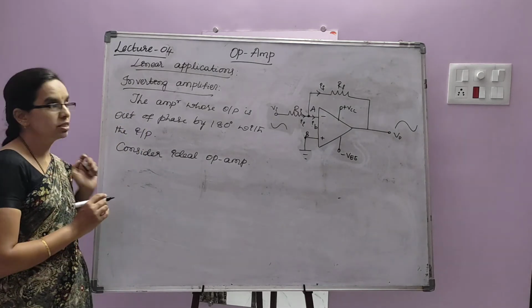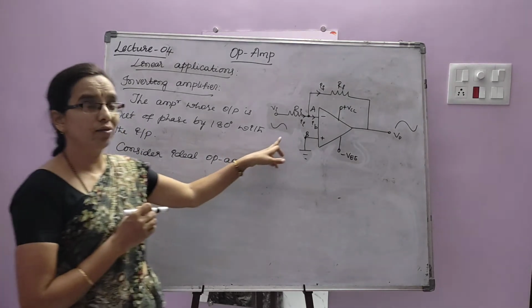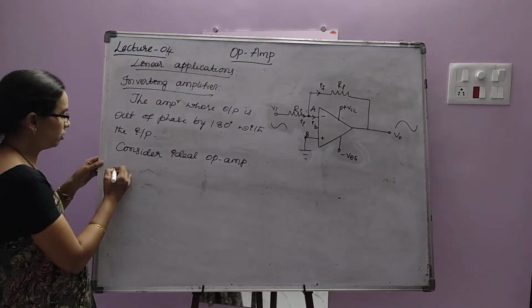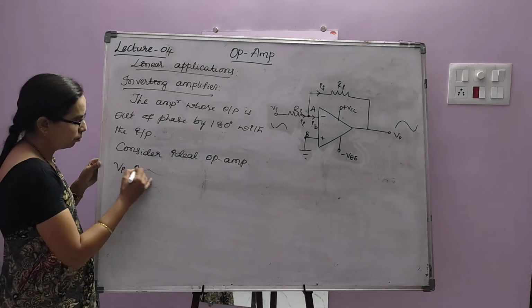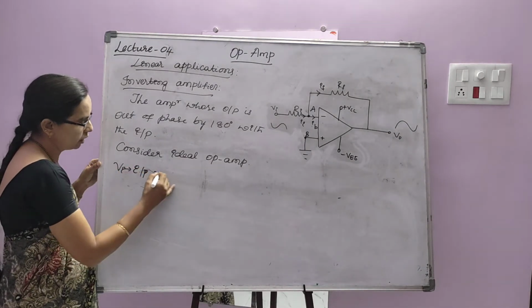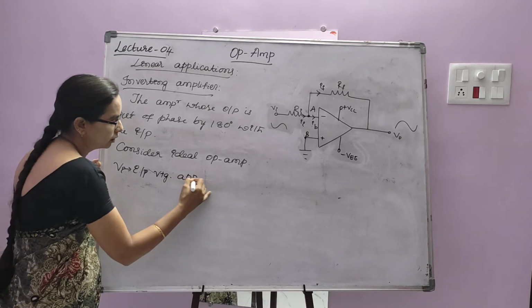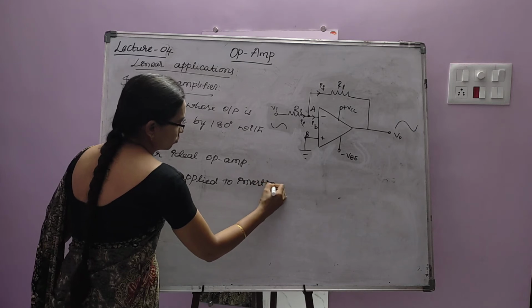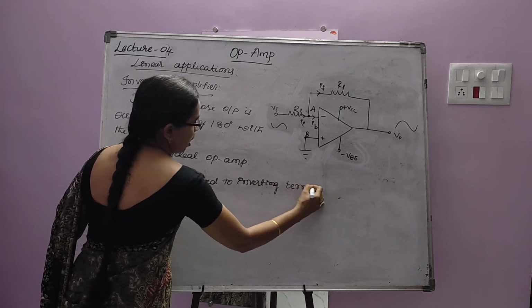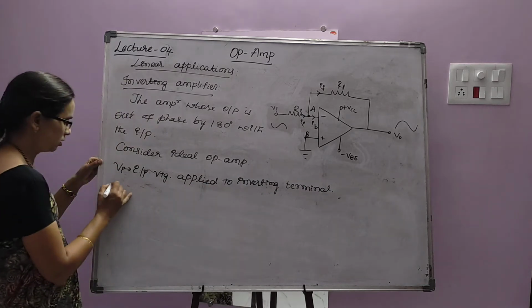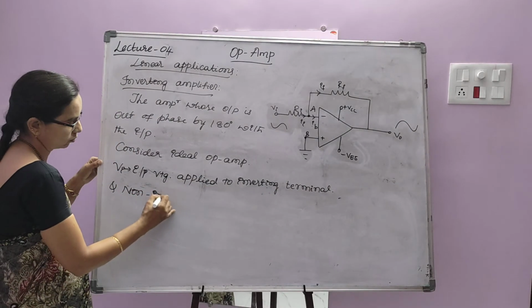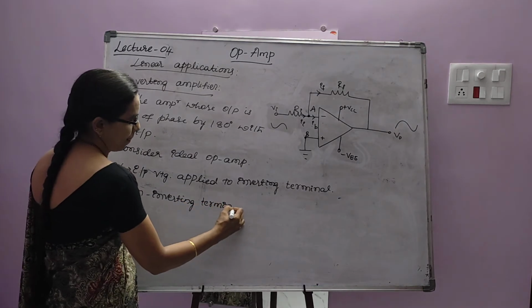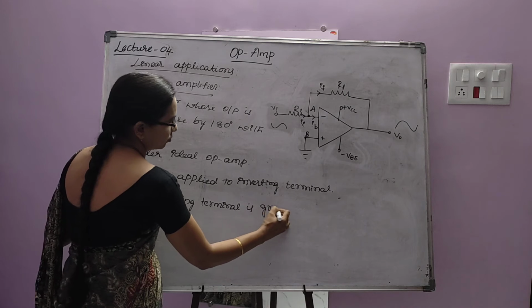You have to explain the circuit in the same way: Vi is the input voltage applied to the inverting terminal of the op-amp, and the non-inverting terminal is grounded.